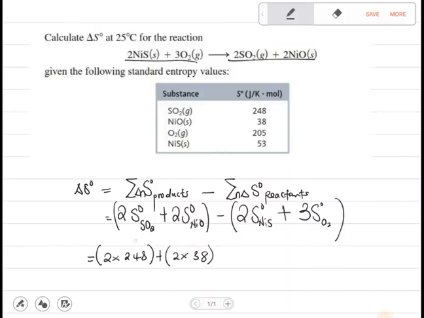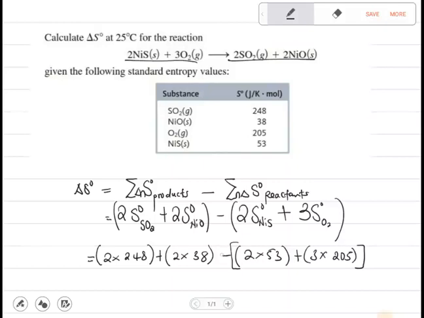Now this is minus 2 moles of nickel sulfide, we have 53. Look, this negative is multiplying everything, so we put curved brackets. And this will be 3 times the entropy for oxygen, which is 205, then curved brackets.